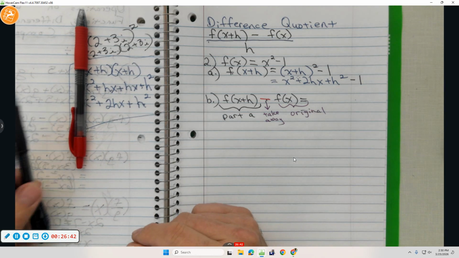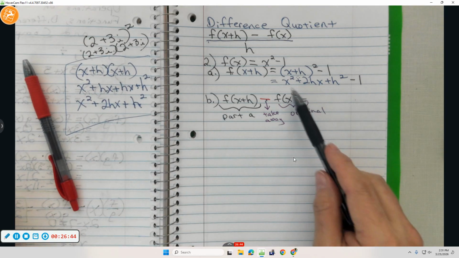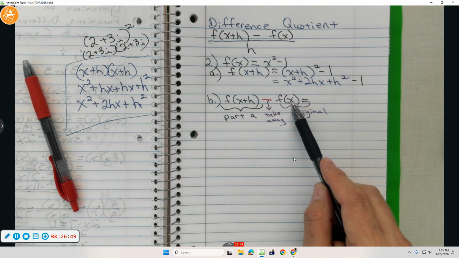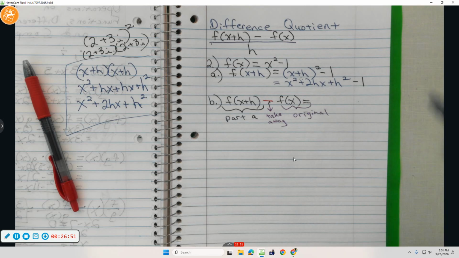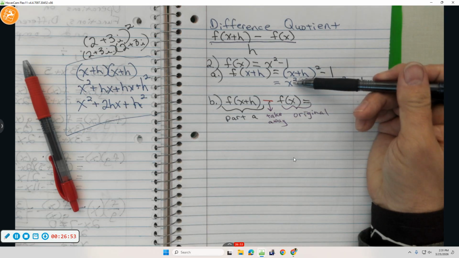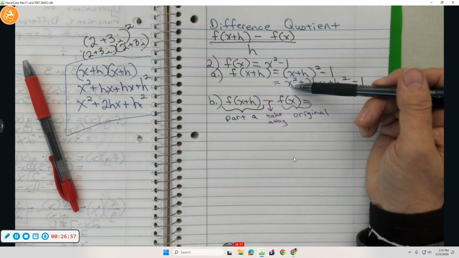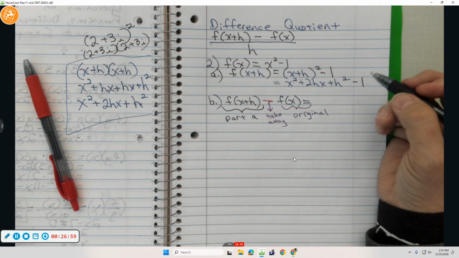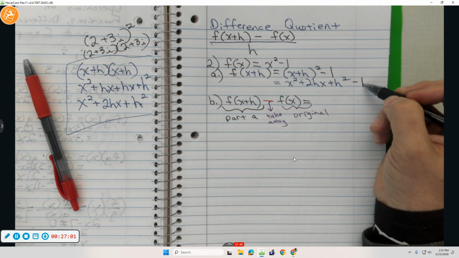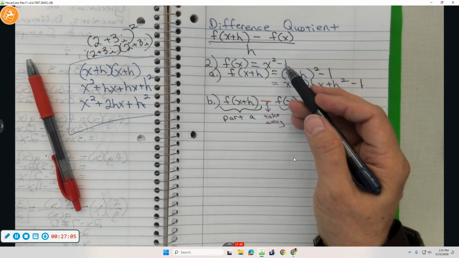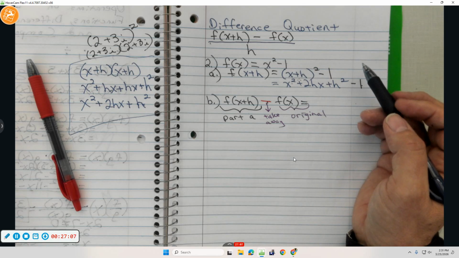What's going to be subtracted off? You take what we found in part A, and you're going to take away the original terms. Well, x squared, there was an x squared in the original, so you've subtracted off the x squared. What else is going to be subtracted off? Negative 1 minus a negative 1. That's negative 1 plus 1. So that term's gone also.